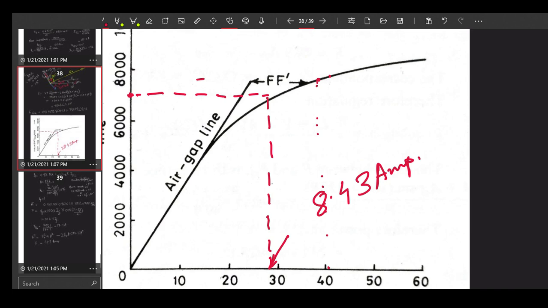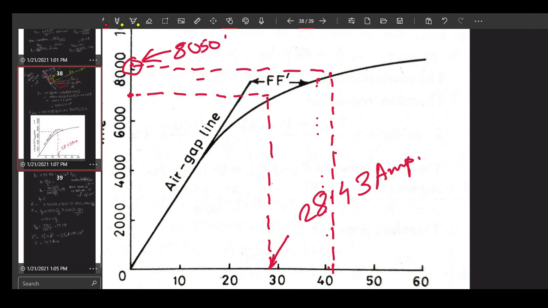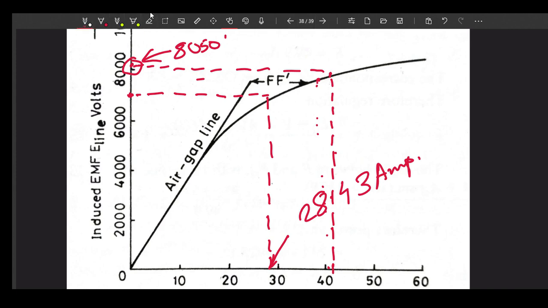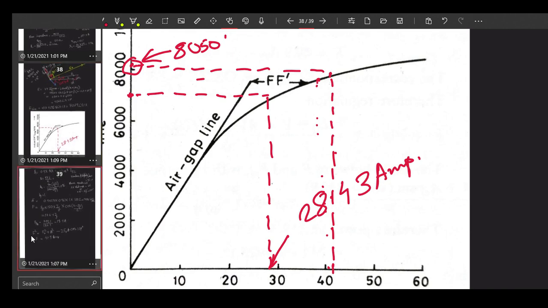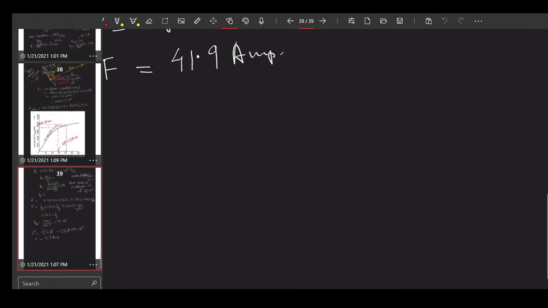So 41.9 is almost 42. Now regulation will be how much?